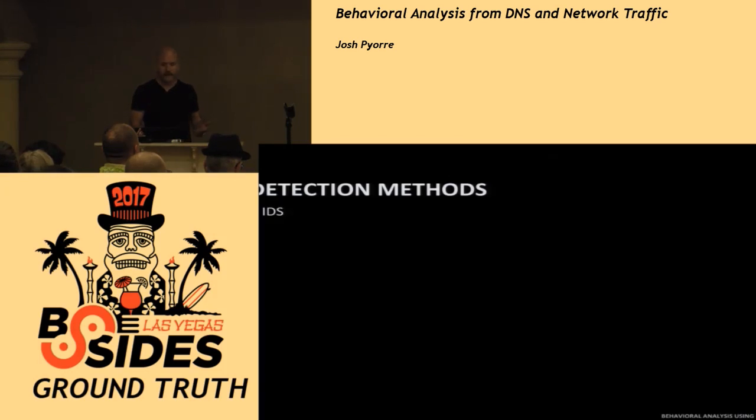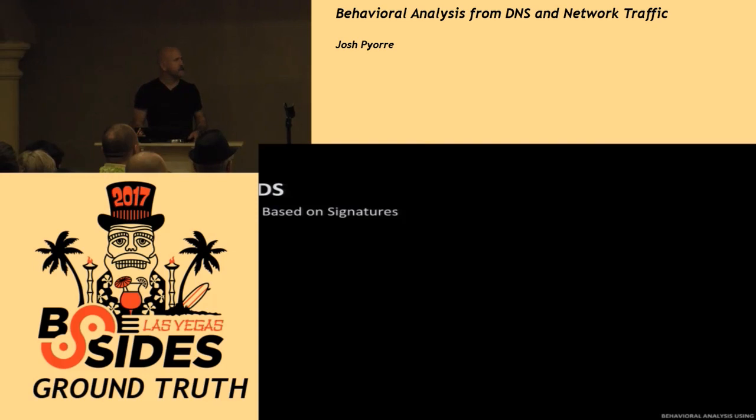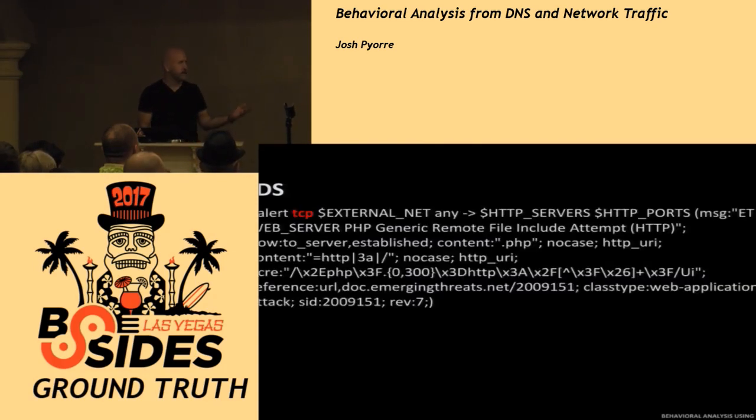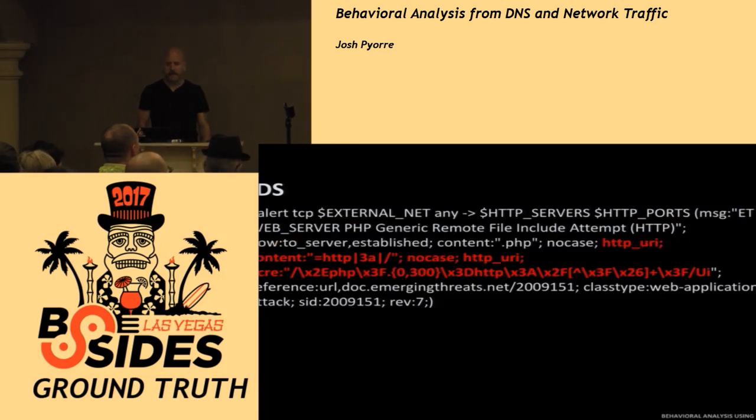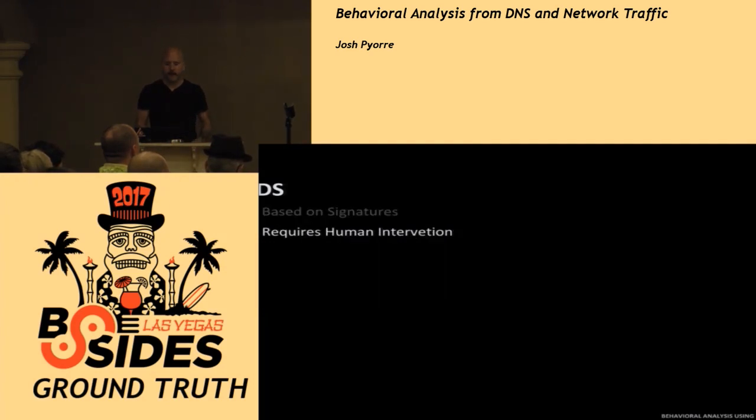We've got IDS, antivirus, and people, of course. IDS is based on signatures. So this is a signature, looking for TCP traffic from external network to your internal network with a message. It's looking for PHP content and some regular expression stuff, but it's a rule that has been written to find stuff that you know exists already.